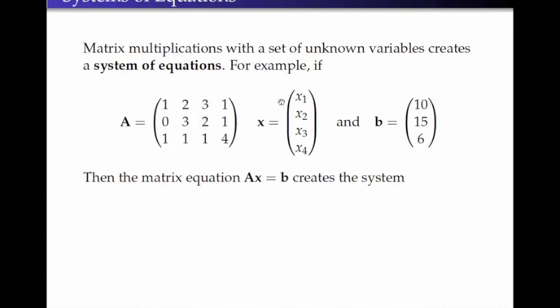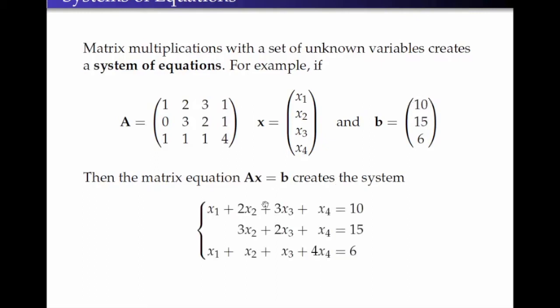So if I think of what that's going to look like, the inner product would be x1 plus 2x2 plus 3x3 plus x4. And now I'm saying that's equal to B. So that's going to equal this first element in B. So that's this first equation here in this system of equations.